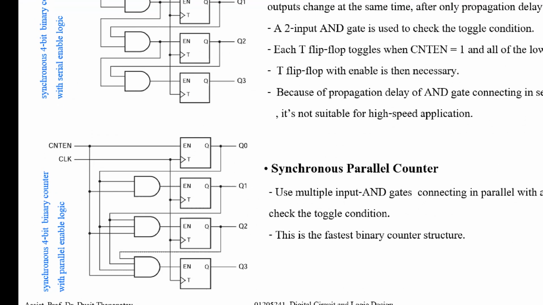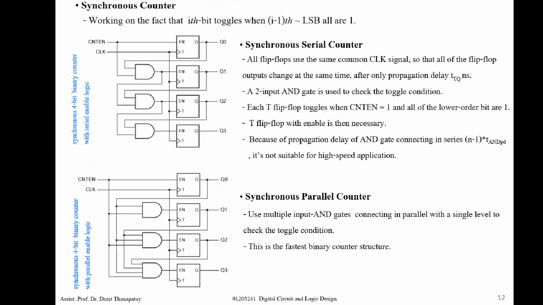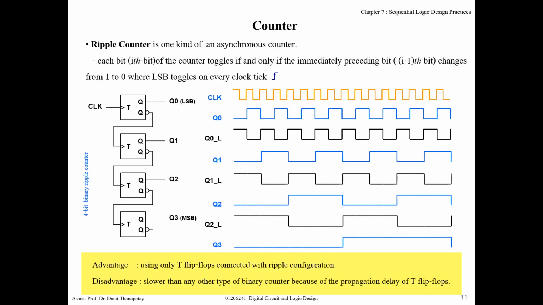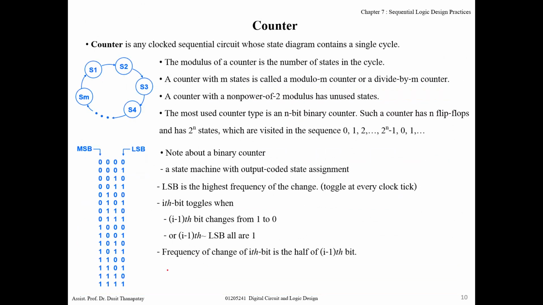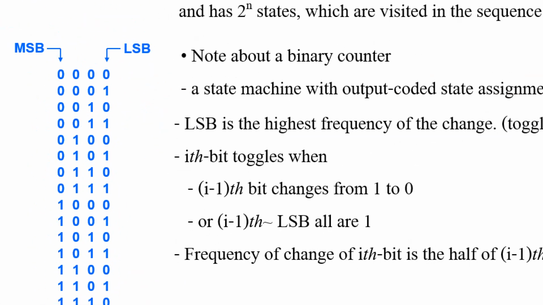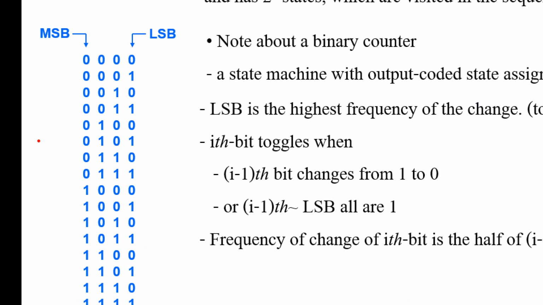And for this one, we use the property of the counter: when we consider, for example, this digit, you toggle when the previous digits are 1 1. So if they are 1 1, when the clock ticks, this bit will toggle.